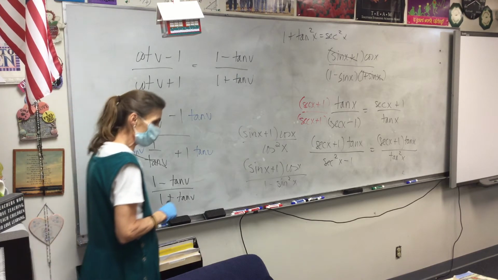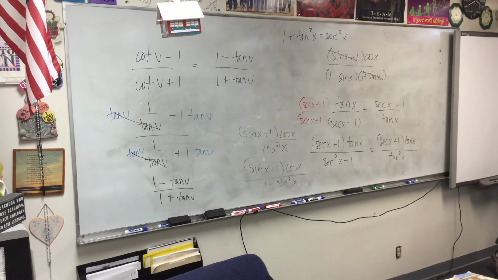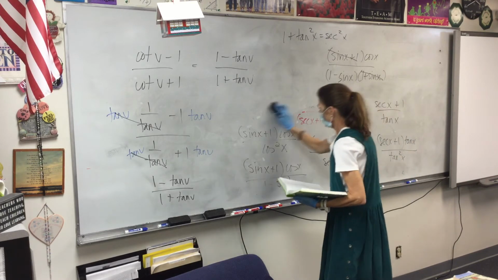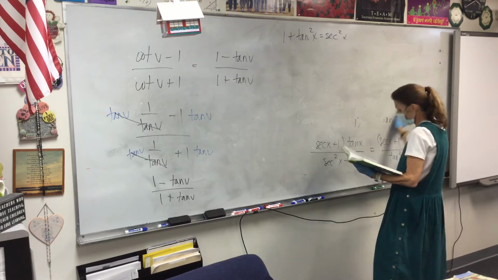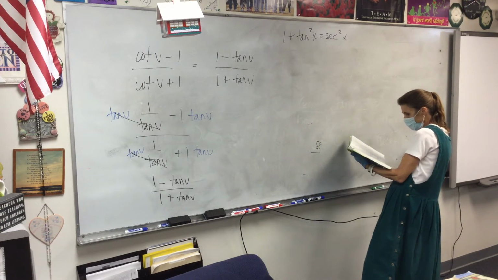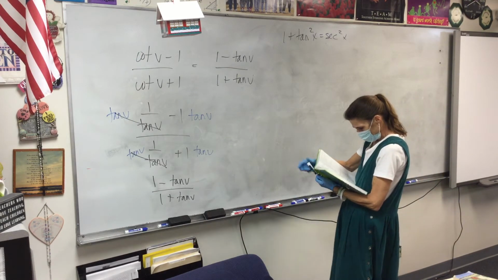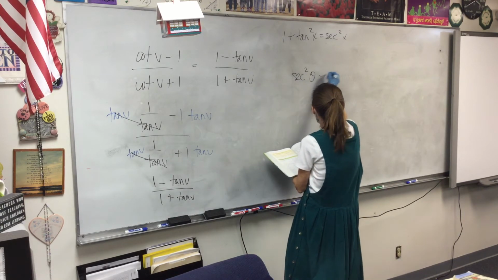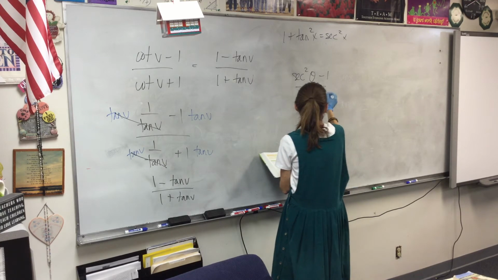Well, that only took a minute, so I can do another one. Is there another one, Caitlin? Number 18. Is that like one of them? I don't know. Let's look at 18 and see. First thing I notice when I look at 18 is that my numerator, I've got secant squared minus 1 over sine.